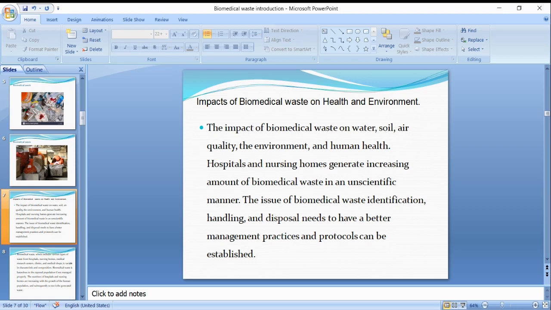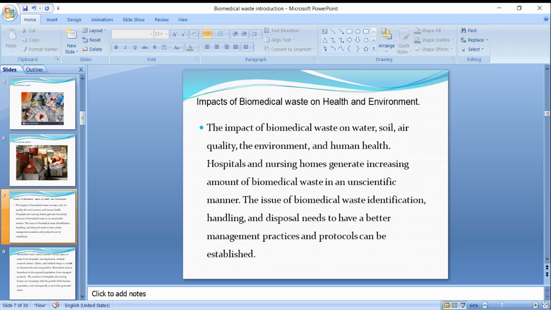Biomedical waste management involves identification first. When the waste is identified at the starting point, it helps make further treatment easier, and handling becomes easy. So identification is the first important step, and handling and disposal need better management practices.